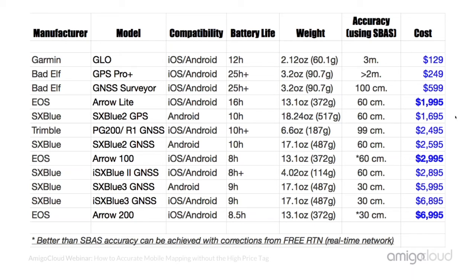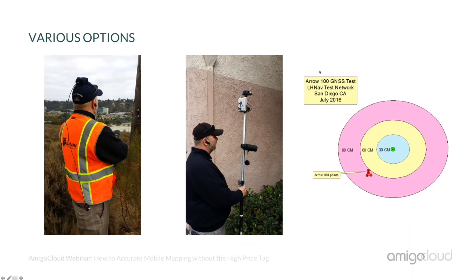If you want to hook onto constellations besides the US GPS constellation, you may want to hook up to the ones in Europe or China or whatever, right? That's one of the elements that justify the different pricings, the weight, and all these things. The point being here is that we end up with various options out there at different prices.